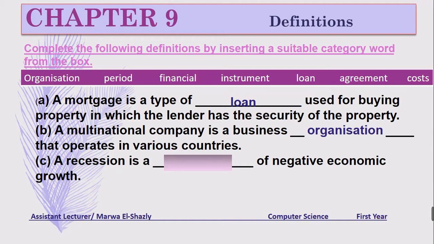C: A recession is a period of negative economic growth. Okay, recession, negative growth of the economy. So it is a period of negative economic growth. أو recession means الركود الاقتصادي هو فترة بيكونش فيها نمو اقتصادي.